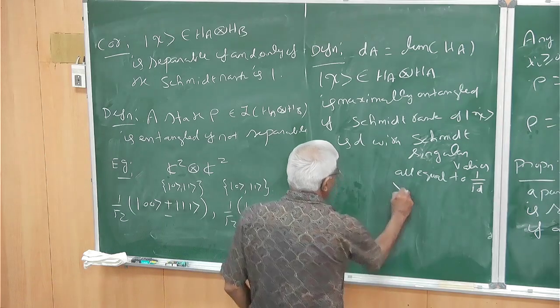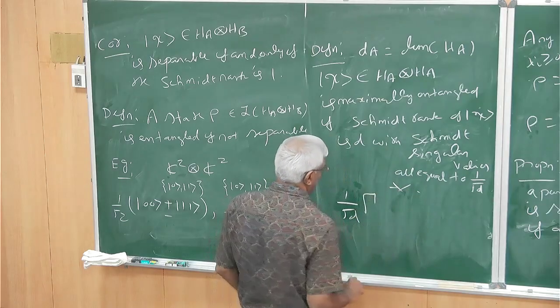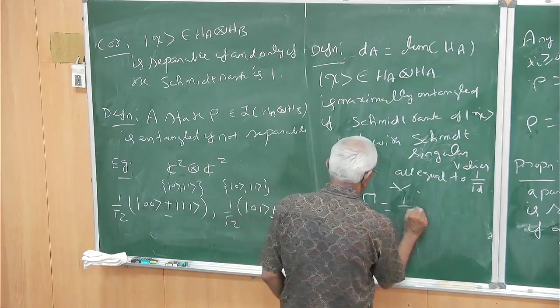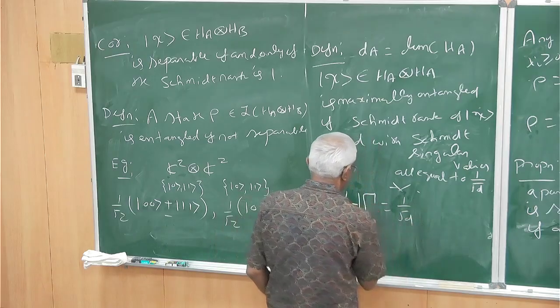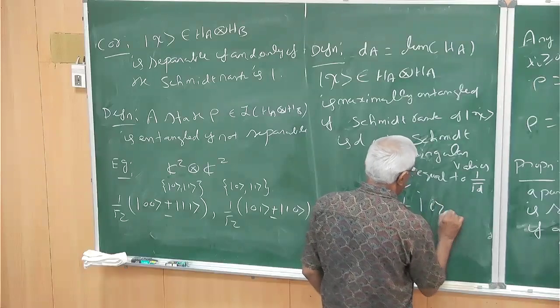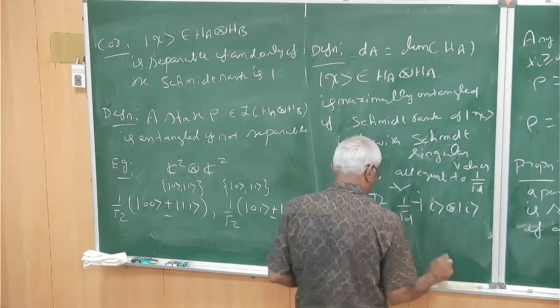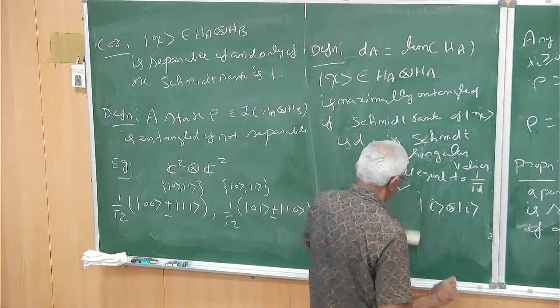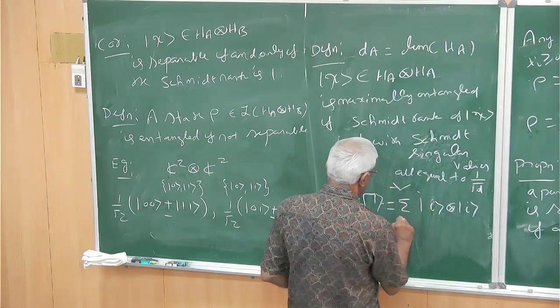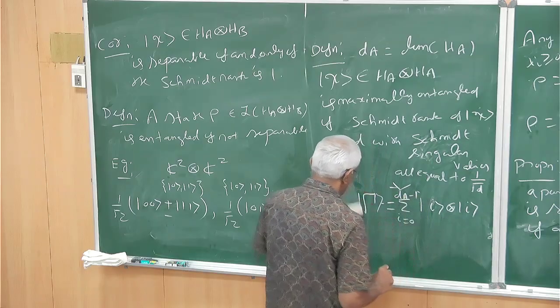We have already seen 1 by square root d gamma, which is 1 by square root d summation of i tensor i, i equal to 0 to dA minus 1.